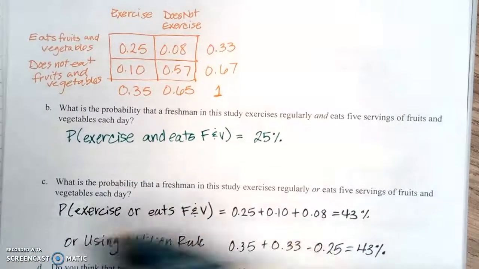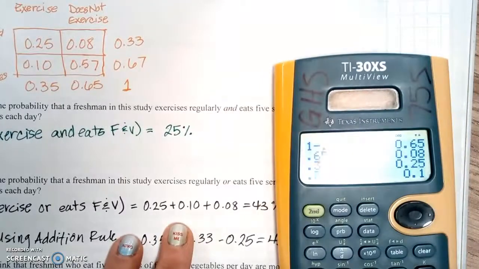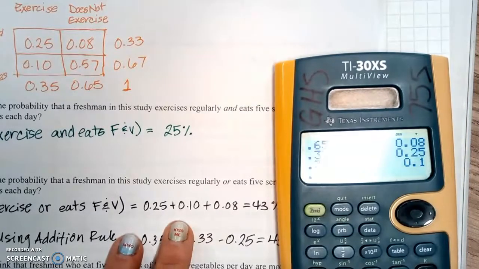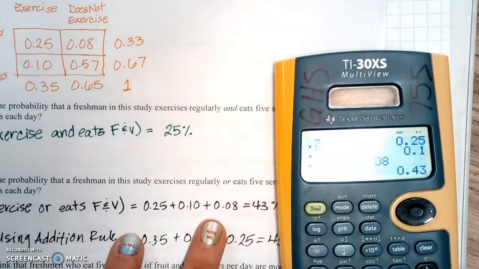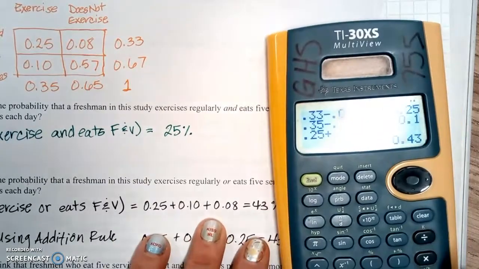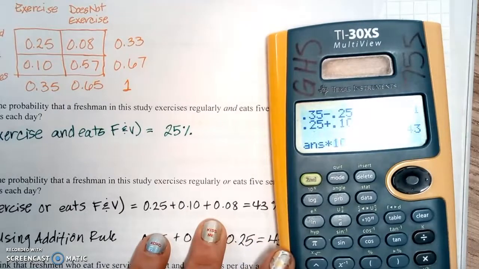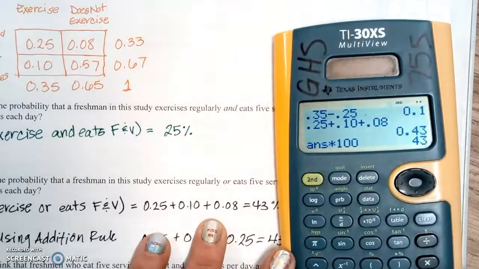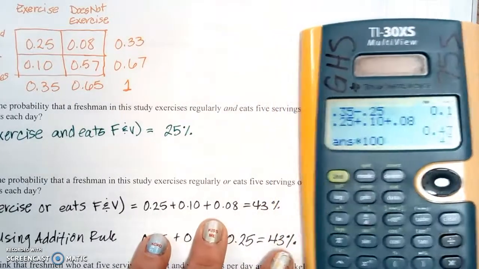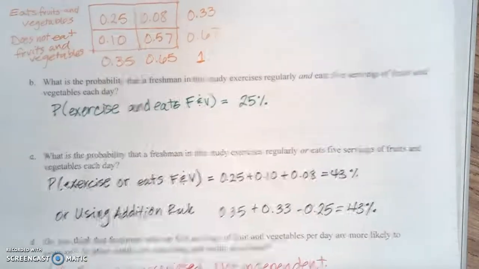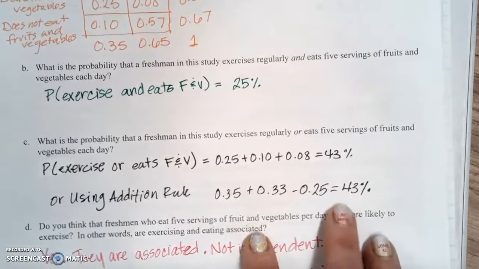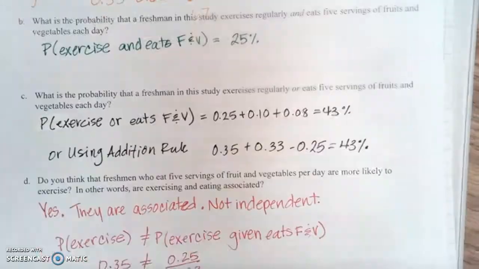If you add all 3 of these decimals together, so 0.25 plus 0.10 plus 0.08, we get a decimal of 0.43. So we're going to multiply that by 100 to get our percent of 43. You can also use the addition rule for that problem, but I think the top way is easier.